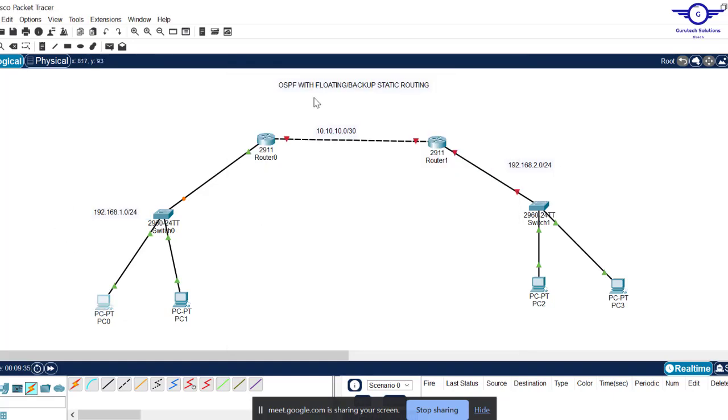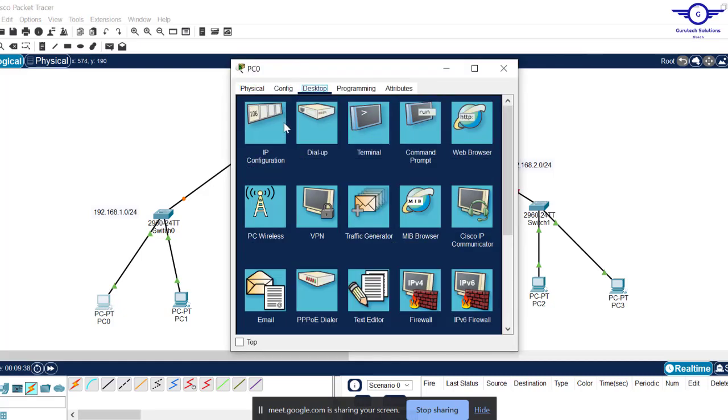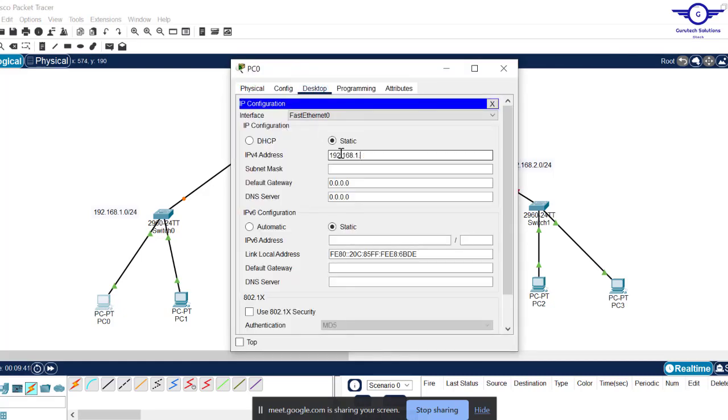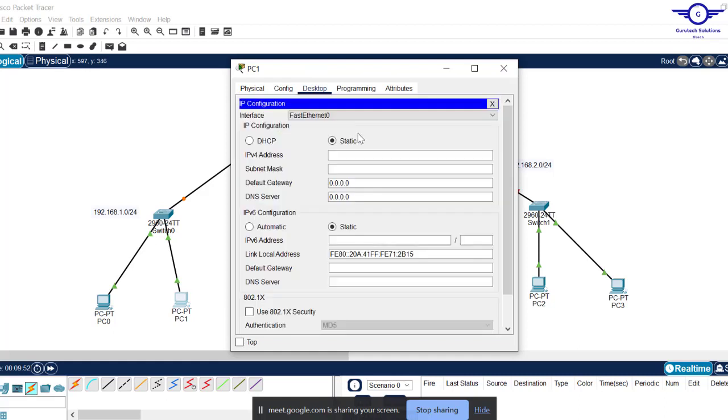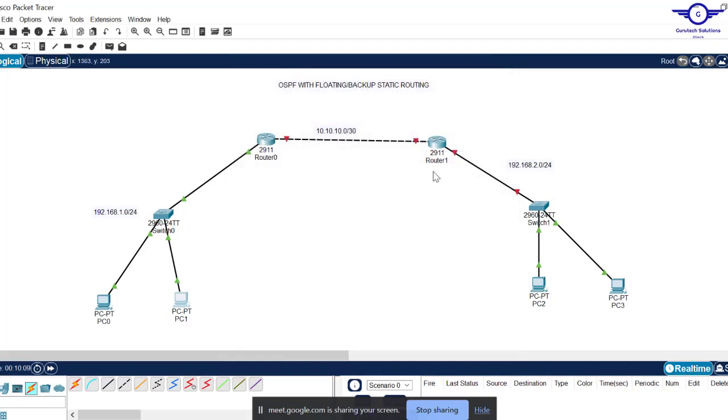Copy. For the PC, let's say 1.10, and the default gateway is 1.1. I go here also, 20, default gateway, let's say 1.1. Okay, so we go to this side. If this one was 10.10.10.1, this one should be 10.10.10.2.